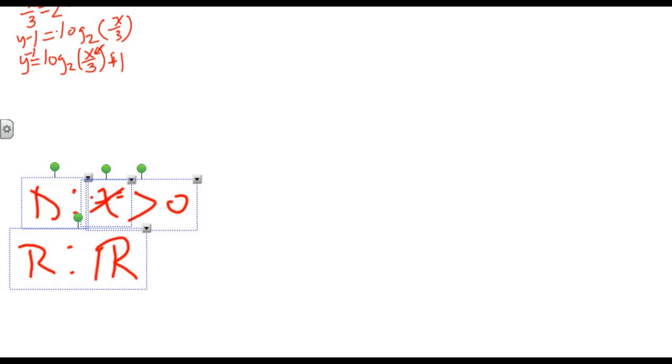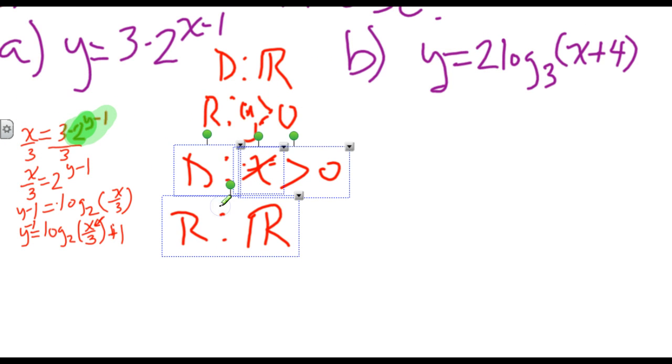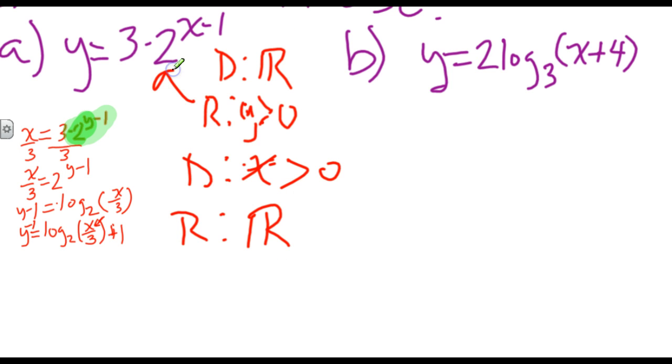When I look at these compared to each other, the domain and the range of the original versus the domain and the range of the new log equation, notice that since the x's and the y's switched, didn't your domains and ranges just switch places with each other? Which we know has to happen when we find inverses. Okay, let's move to the next problem.